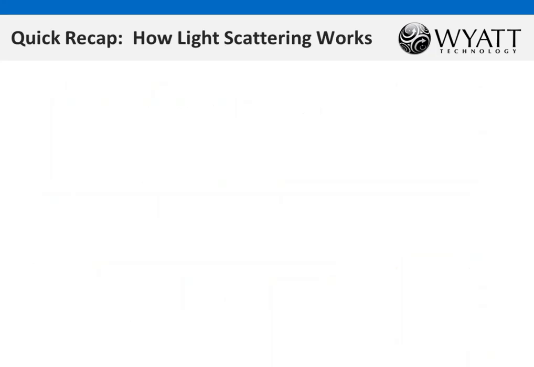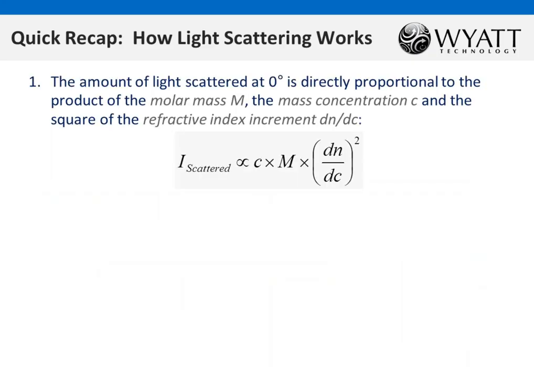Here I'd like to summarize the essential concepts of light scattering that have been introduced previously. First, the absolute light scattering intensity is proportional to the molar mass M, the mass concentration c, and the square of the refractive index increment dn/dc.